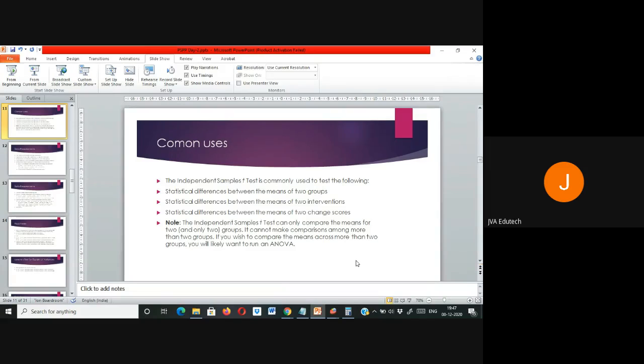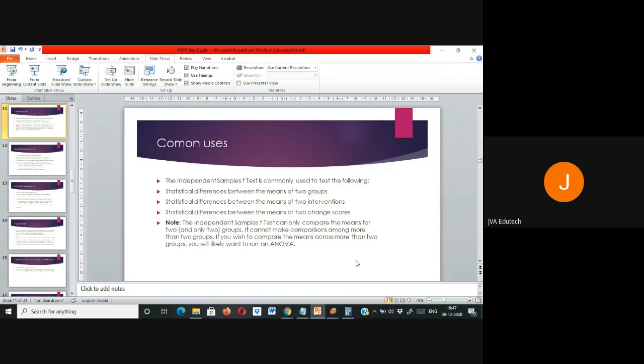So mostly in clinical research, in scientific research designs, we go for this independent t-test, and that's why when you studied statistics at your basic level, you might have heard the student t-test being used in science a lot.